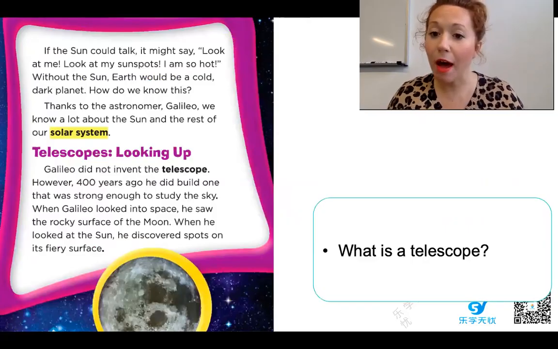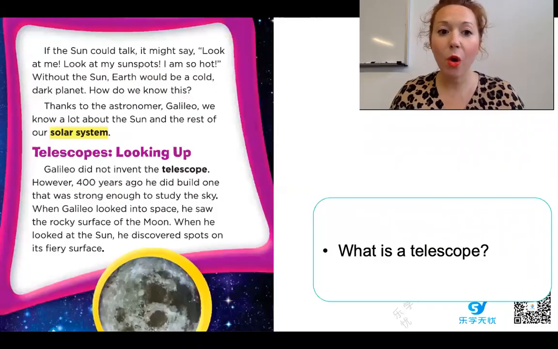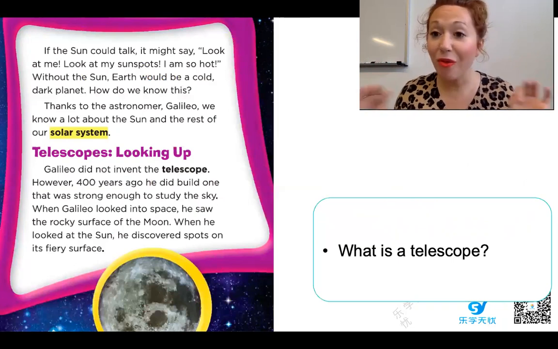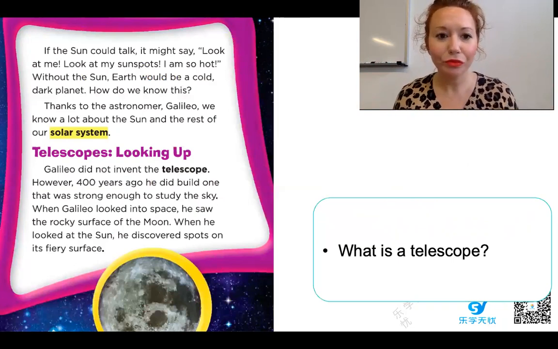Telescopes, looking up. Galileo did not invent the telescope. However, 400 years ago, he did build one that was strong enough to study the sky. When Galileo looked into space, he saw the rocky surface of the moon. When he looked at the sun, he discovered spots on its fiery surface.